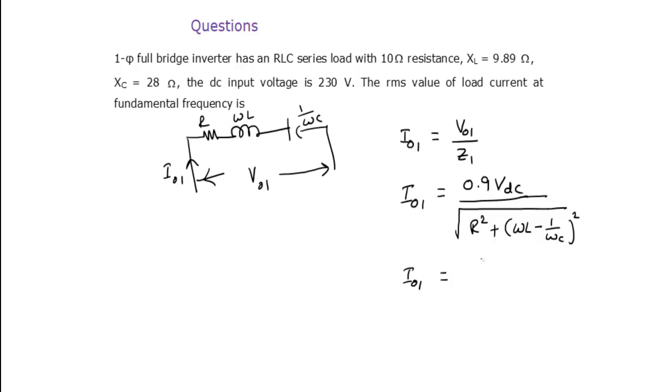So that is 0.9 into 230 divided by the root of R square, which is 100, plus (omega L minus 1 by omega C), which is 9.89 minus 28, whole square.